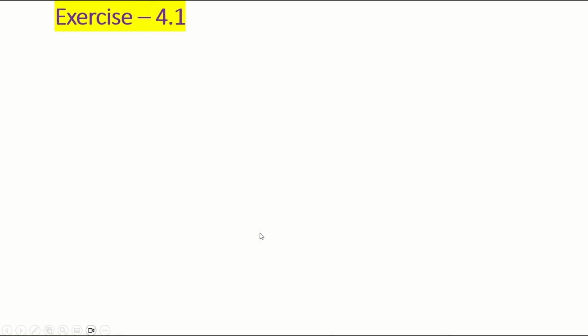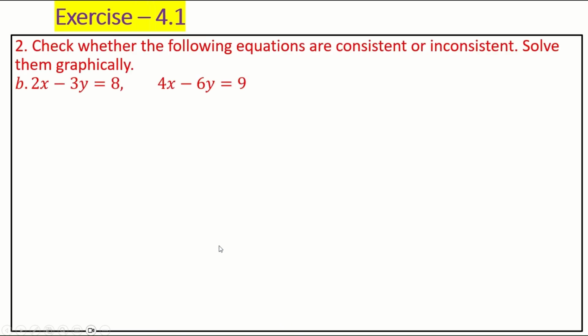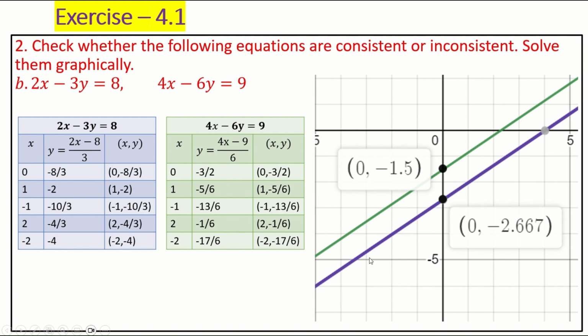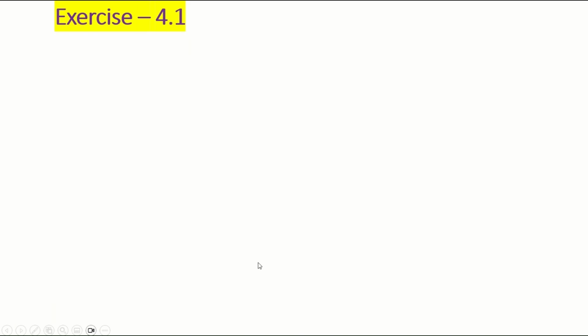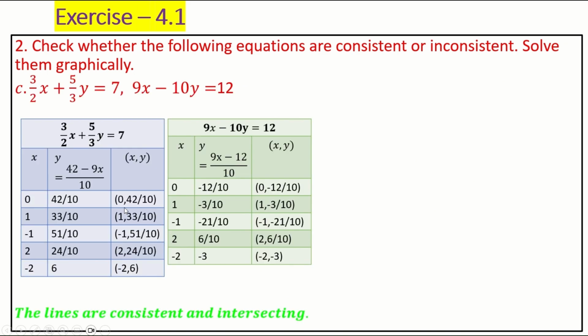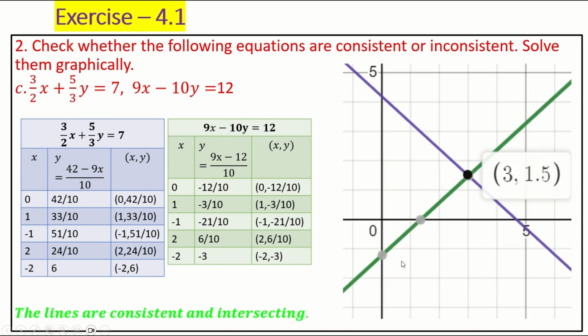Okay, so similarly, next two equations, you draw the tables, get 2 points, draw the graph. You see that the lines are parallel, so they are inconsistent. The lines are inconsistent and parallel. Okay, next, I make two tables, draw the graph.